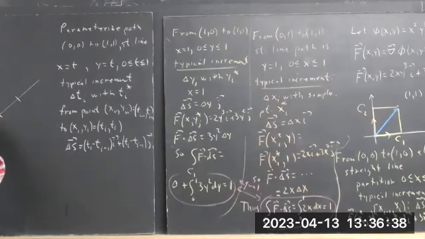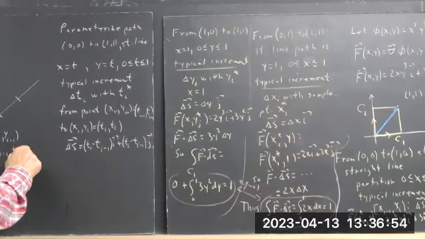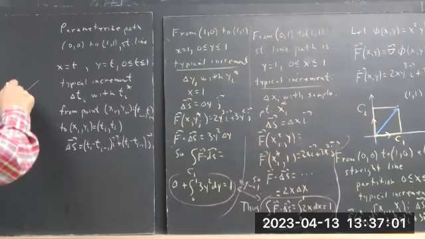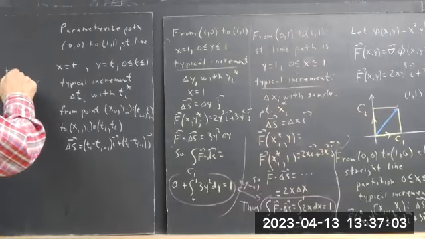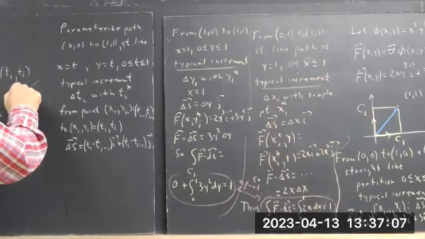The coordinates of this are t_{i-1}, t_{i-1}. The coordinates here are t_i, t_i.